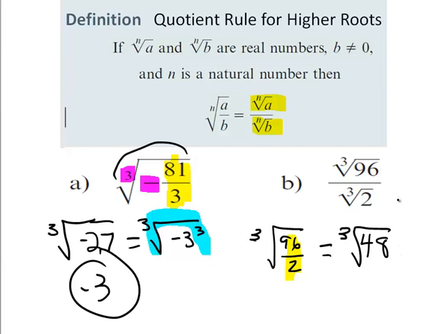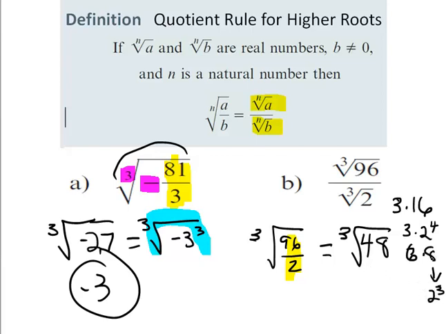And I remember that that is the same as 3 times 16. And 3 times 16 would be 2 to the 4th. That's kind of the long way to do it because it's really 6 times 8, and 8 is 2 cubed.